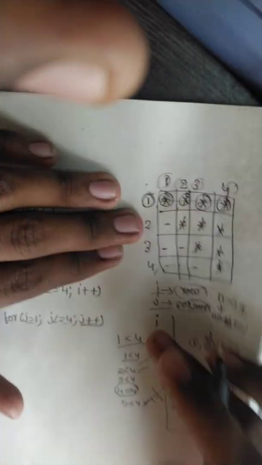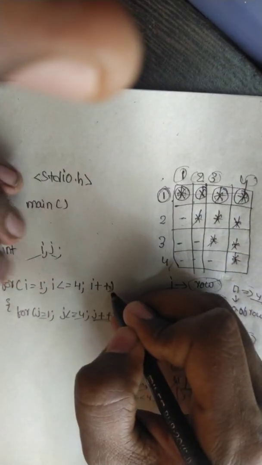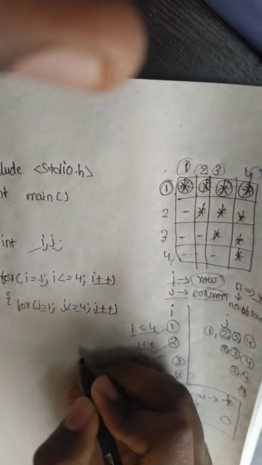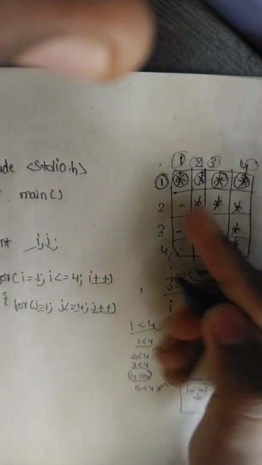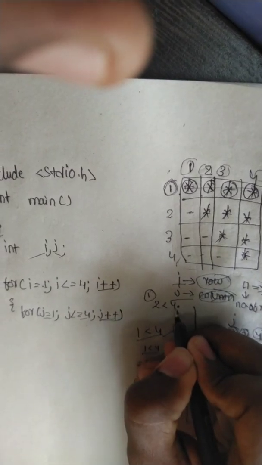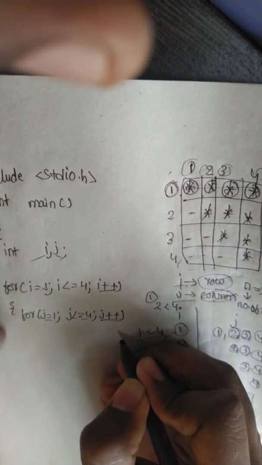Now we come to the second row. Again the loop starts from i onwards. The increment is applied because it is the second row, so 1 plus 1 is 2, which is less than 4, the condition is satisfied and it comes into this loop.